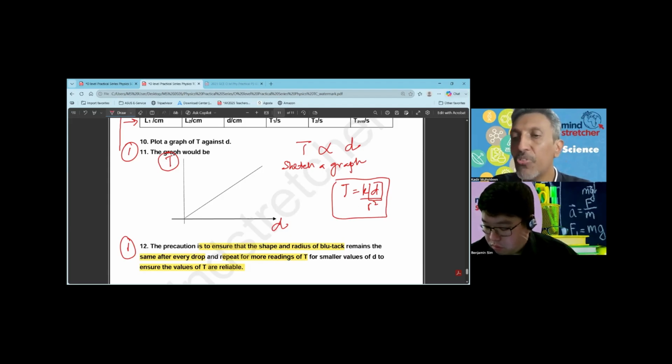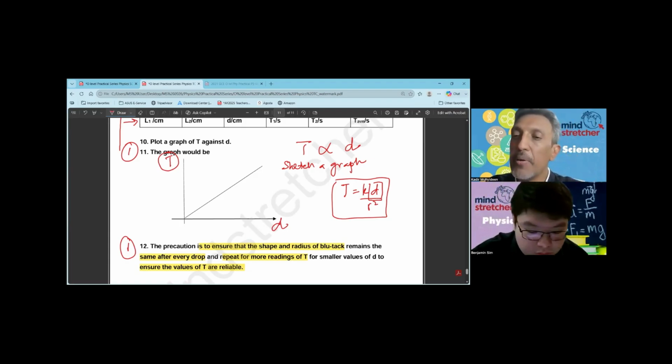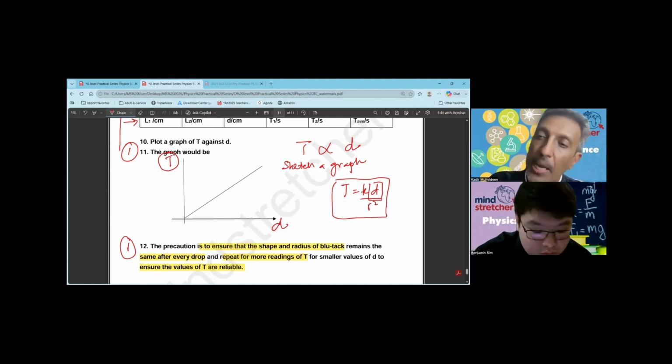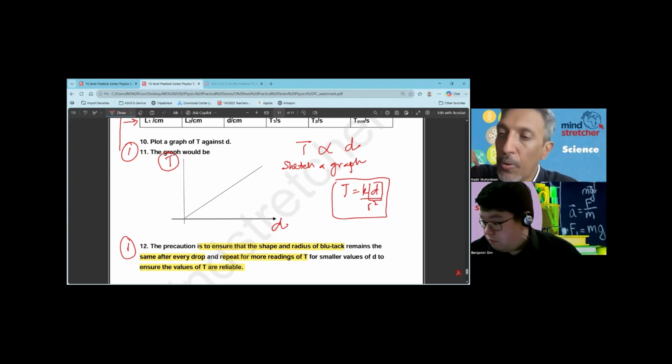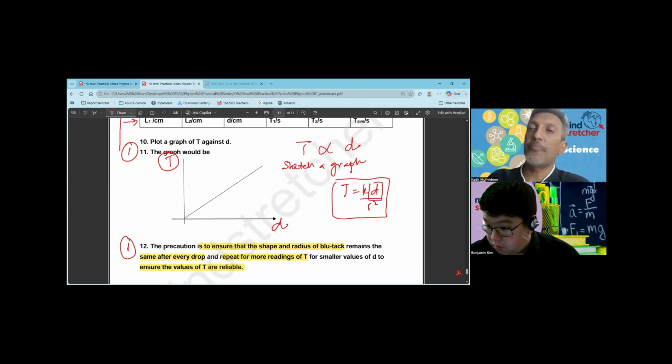Then you don't need to write the entire thing again. You say, I will do this experiment, but this time I vary the R for one fixed value of D. Are you all listening? If they ask you to check for two variables, you write exactly what is written above. But after that, you mention that you repeat this experiment for one fixed value of D by changing R, for blue tack of different radius.